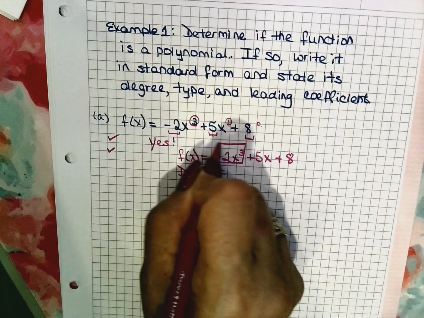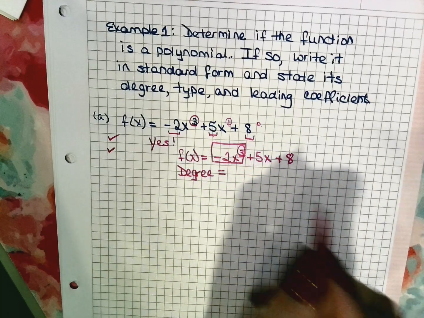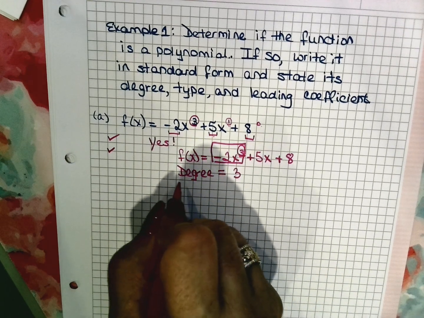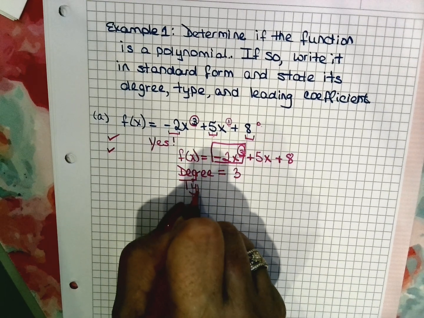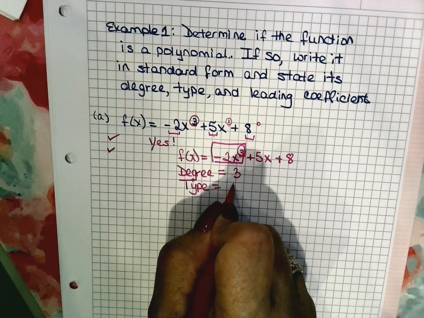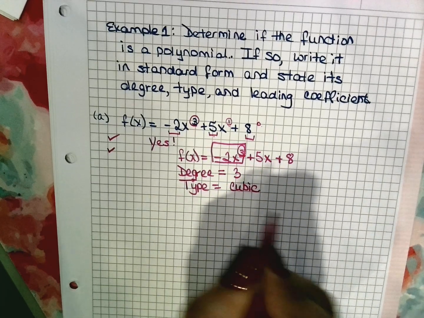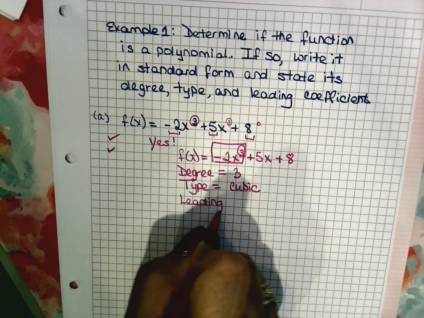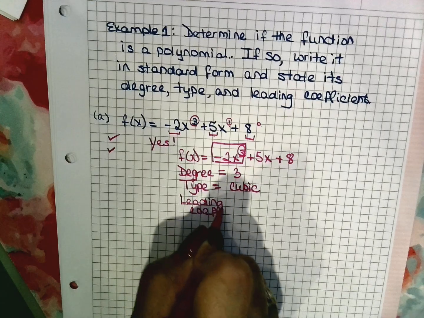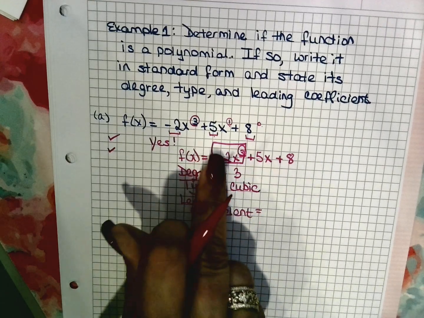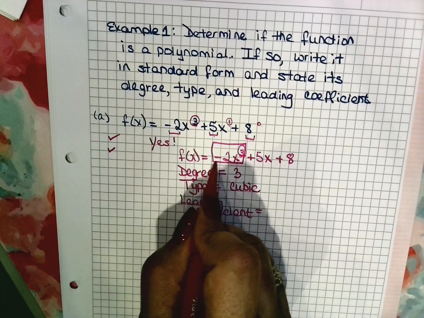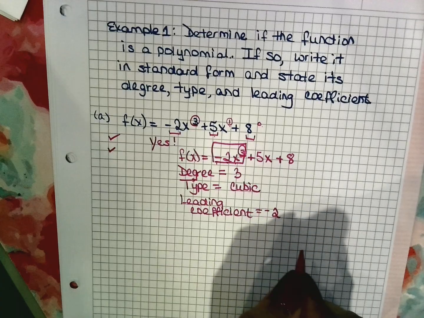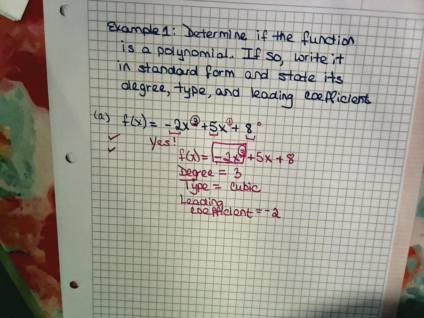After you put it in standard form, the degree is the exponent in that term, so that's a third degree polynomial. The type, because it is a third degree polynomial, we call it a cubic. And the leading coefficient, again having to do with that first term, is the number in front of the x, which is negative 2. So we've got all our information there.